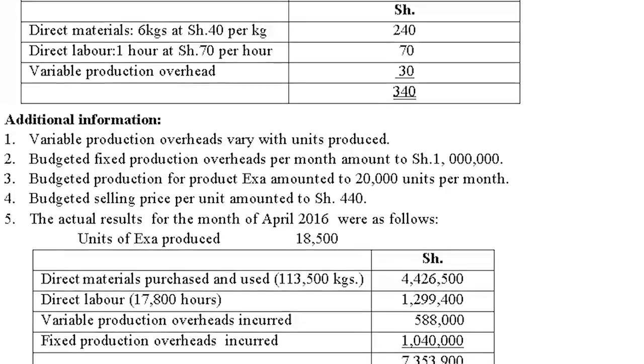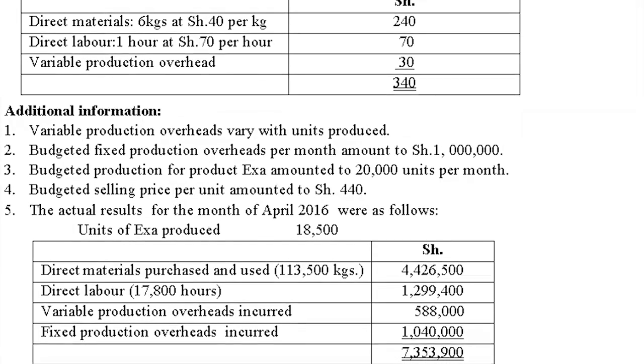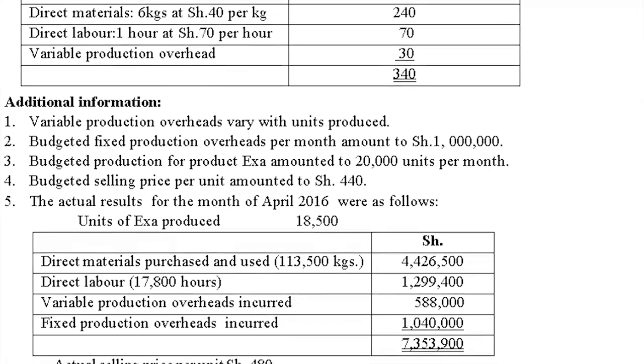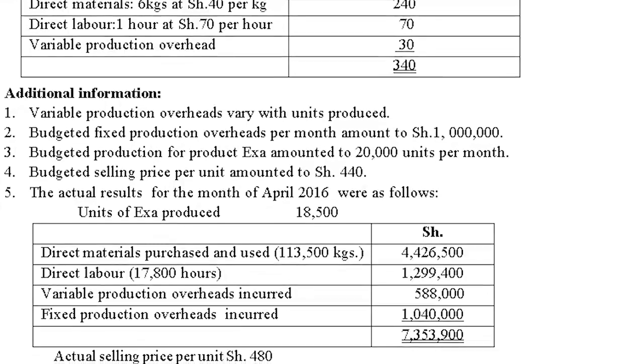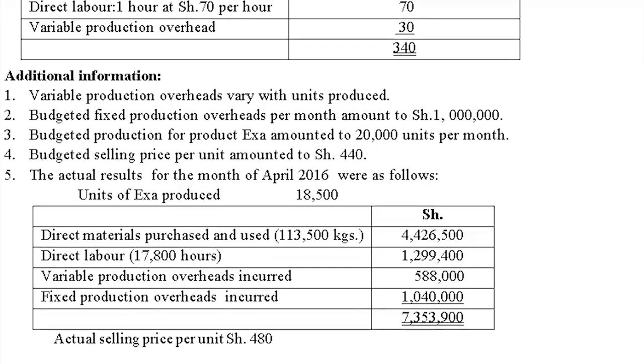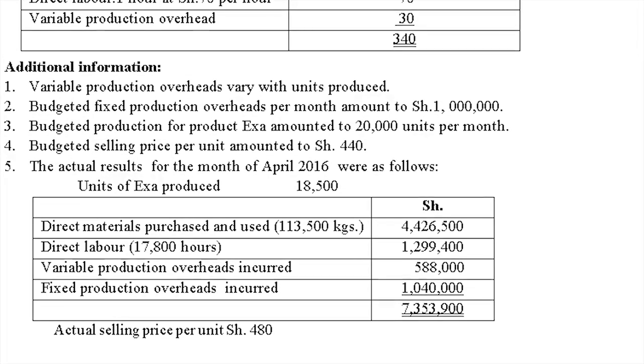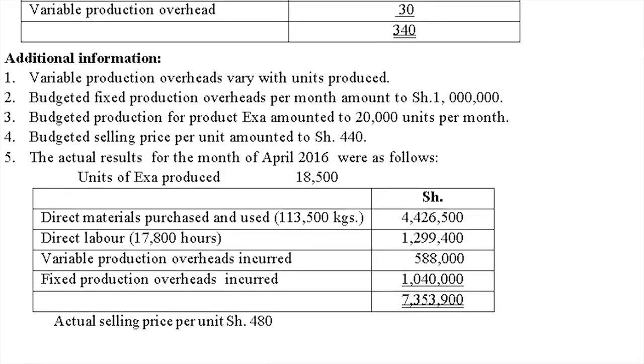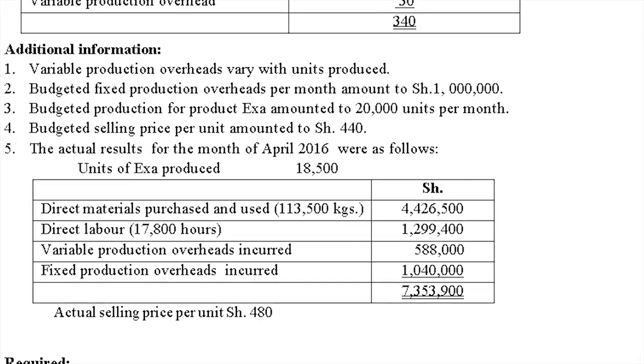Number 5, the actual results for the month of April 2016 were as follows. Units of Exa produced, 18,500. Direct materials purchased and used, 113,500 kgs for the amount of 4,426,500.